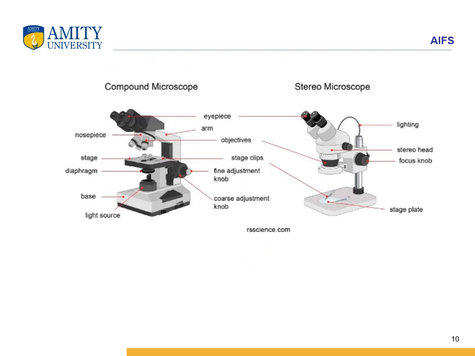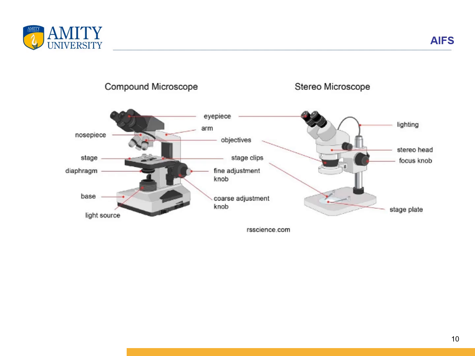So here you can see the images of the compound and stereo microscope. There is an eyepiece, and in the stereo microscope there is a diopter, whereas it is not present in the compound microscope. There is an arm in both cases. In the compound microscope there is a nose piece fixing the objectives, whereas there is only a single objective in the stereo microscope.